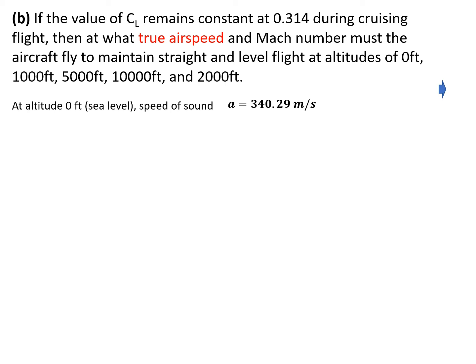At sea level, the speed of sound is 340.29 meters per second, and we can get this from the ISA table. So at sea level, the Mach number flying at 0 feet height is 0.29.